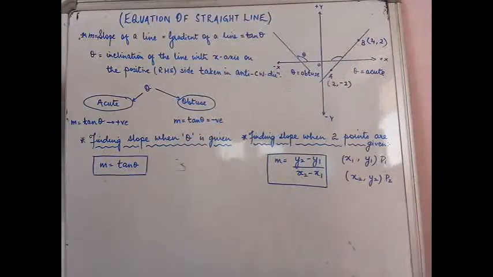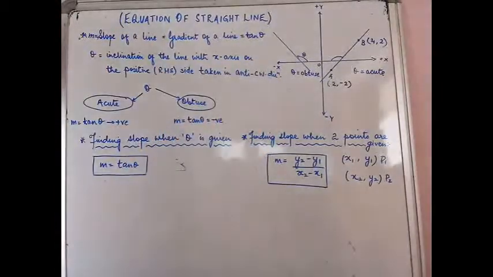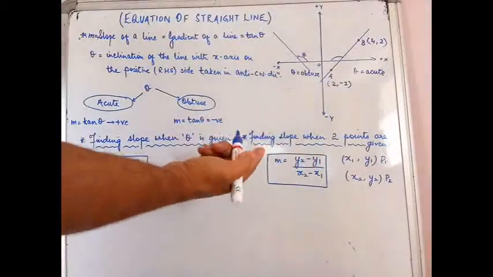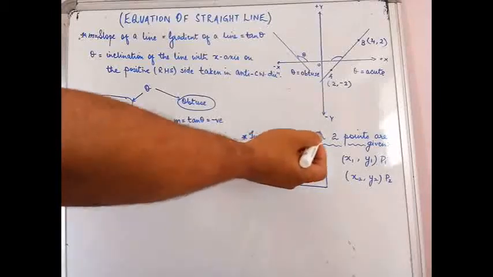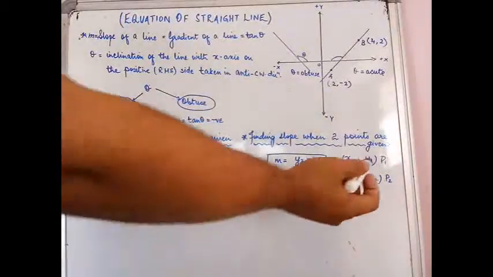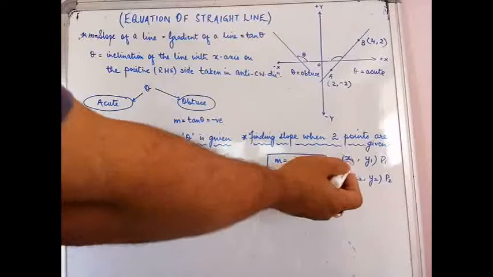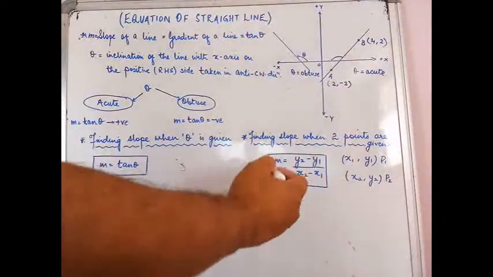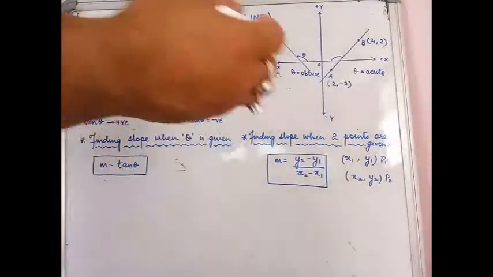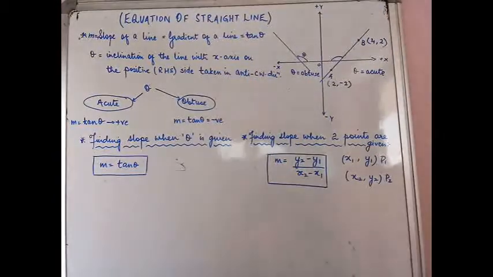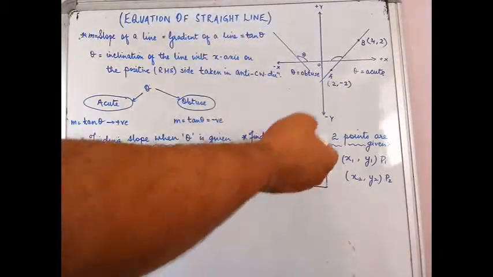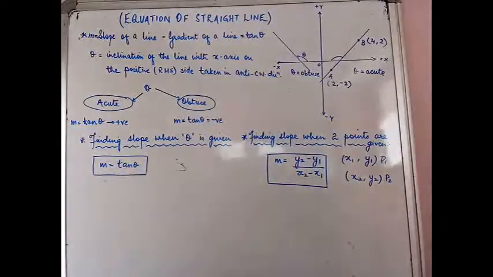In that case, how will you determine the slope of the line? As you can see in the second case, finding the slope when two points are given, this is the first point, this is the second point, x1 y1, x2 y2. The formula for slope will be y2 minus y1 upon x2 minus x1, or you can also write y1 minus y2 upon x1 minus x2.